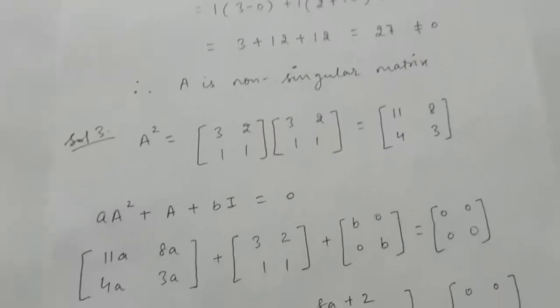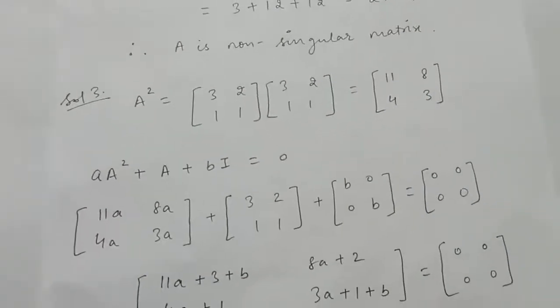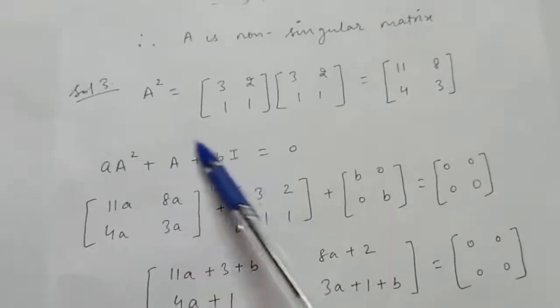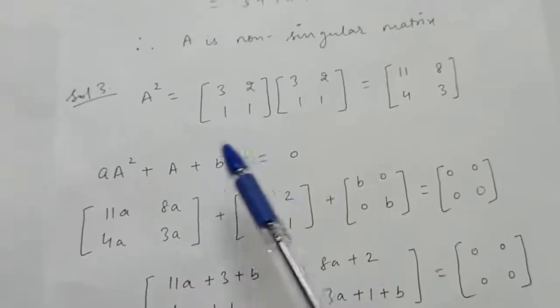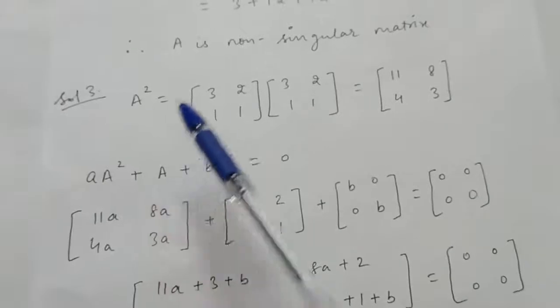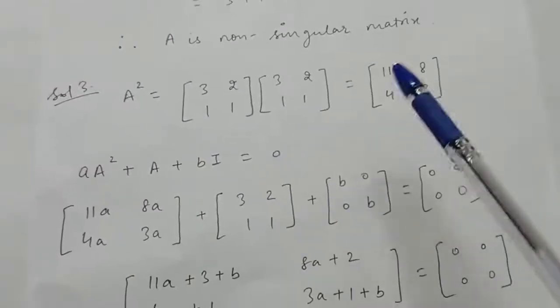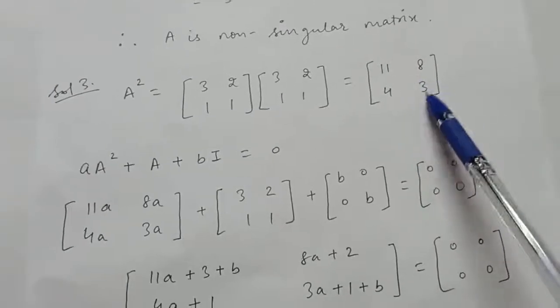Now question number 3 is, for the matrix A you have to find a and b such that this is equal to 0. So for this, first of all find A square. A square is A into A, which you will get as 11, 8, 4, 3.